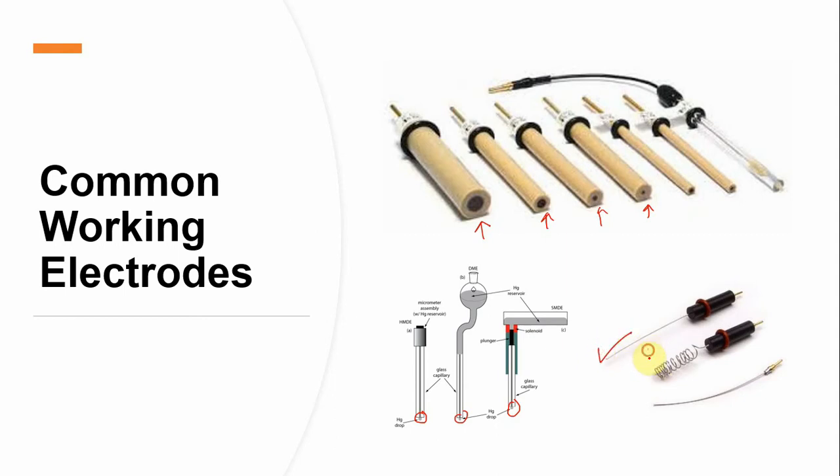Again, they are of different shapes, but essentially they are platinum electrodes offering different exposed surface areas. So these are some common working electrodes whose surface can be used to perform different types of electrochemical processes.